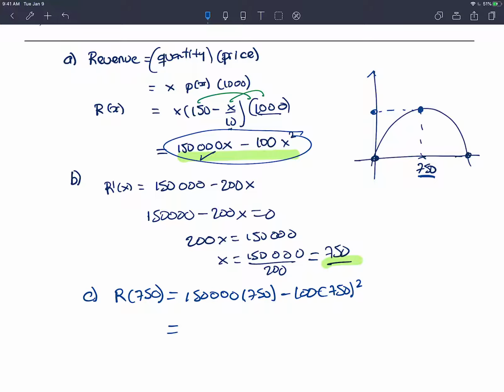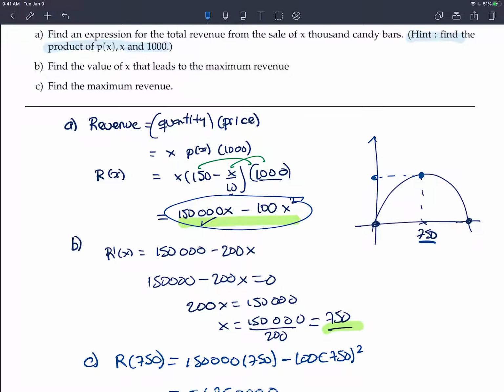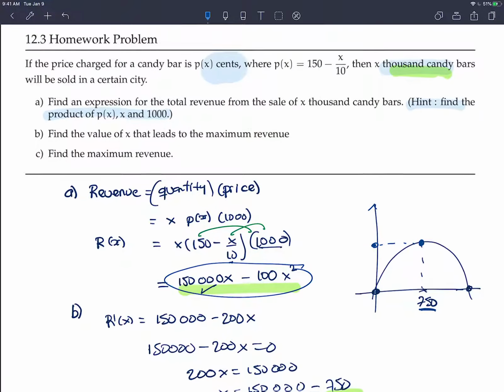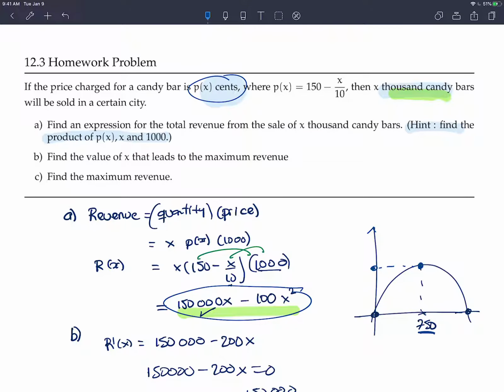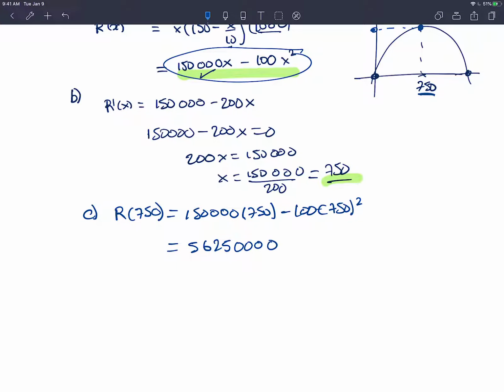These are very big numbers. If you do that, I got something like 5625 and four zeros. But if you use this as your answer, it's going to be wrong because the price was in cents, and if I want to talk about the revenue, I want it in dollars. So in dollars, you move the decimal point two places.